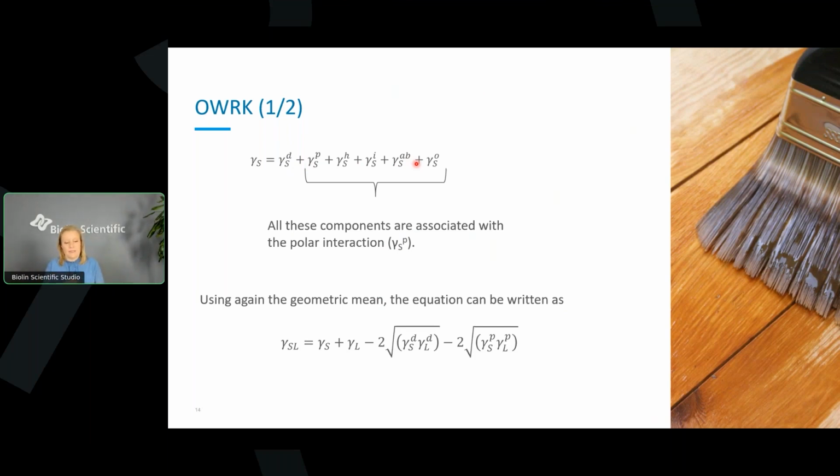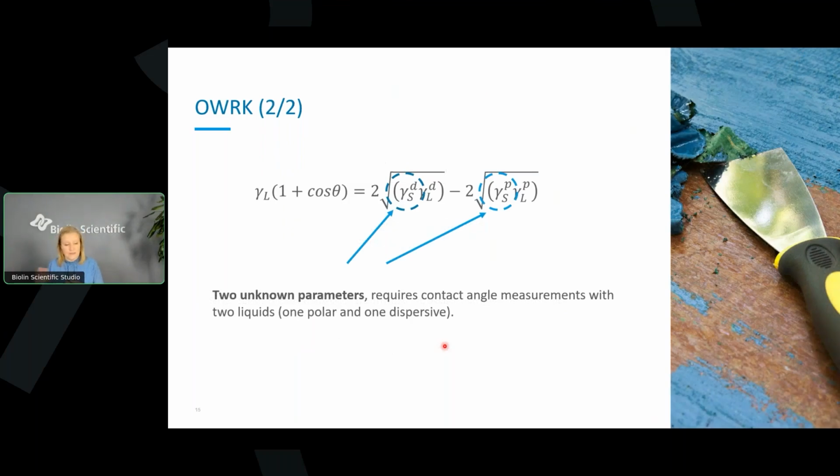And then they used the mathematical theory of geometric mean, which was actually also used in the simple Fowkes equation, so that they can write the interfacial tension between solid and liquid into this form. And here again, this is then combined with the Young-Dupré equation. If you are interested, it's actually quite simple to just do it with pen and paper and see how it goes, and then you get a little bit better understanding of the equations if you do it yourself.